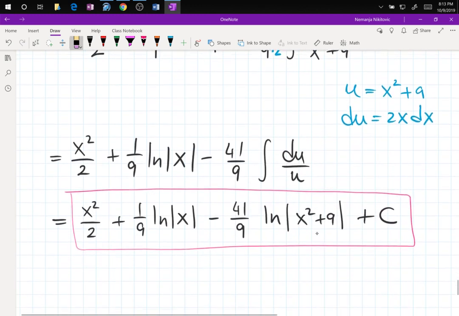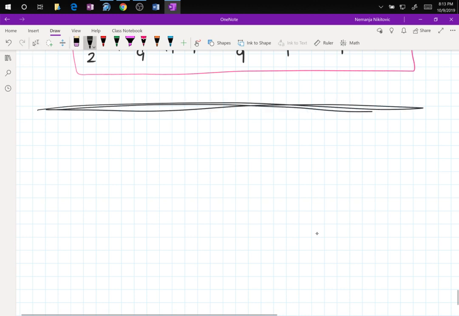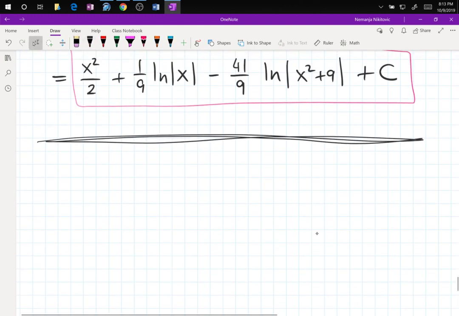Let's take a look at the problem that I had no clue what to do, so we'll figure it out. Hold it a little bit so I can see the answer. Nah, it's a joke of a problem, actually. It's the integral of dx over e to the x plus e to the 2x. Yeah, not polynomials. Now what?